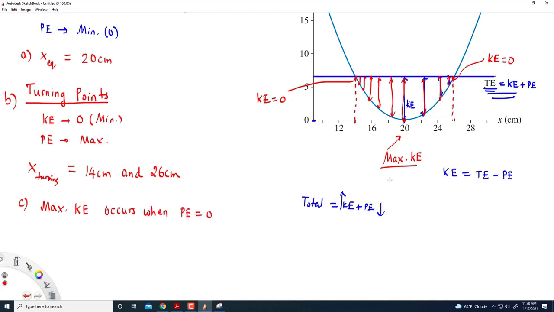At this point, potential energy is 0. So total energy, let's just write TE, equals potential energy plus kinetic energy. And when this is maximum, this is 0. So maximum kinetic energy equals total energy. A little bit more than 6 maybe. I don't know. So maybe 6.3.